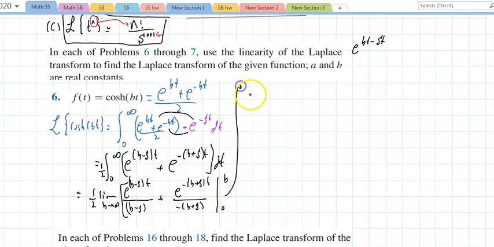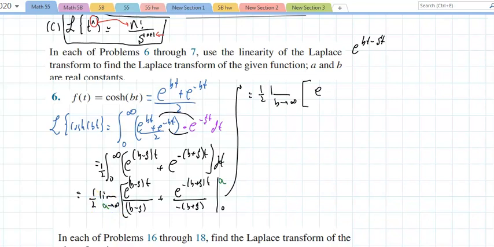That's going to be 1/2 the limit as b approaches infinity of e. Oh, I used the letter b, I made a mistake. Let's call that a, because b was already there. I didn't pay attention to that. My mistake. Let's go with a.